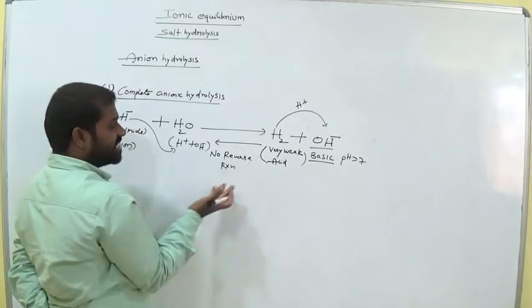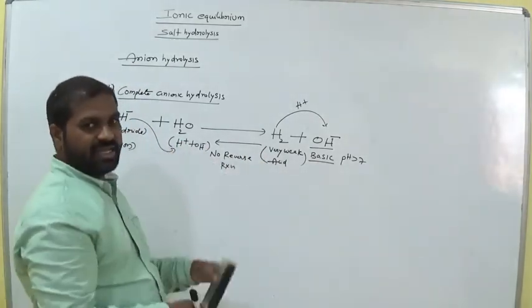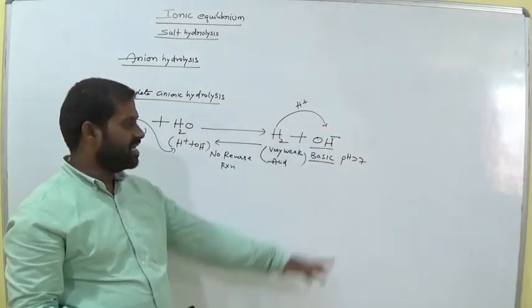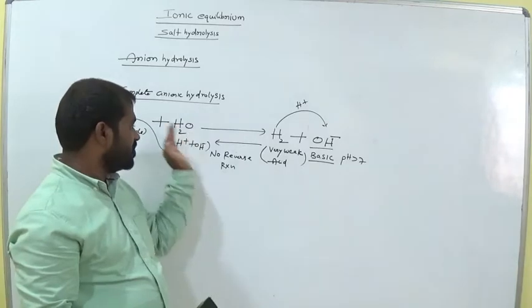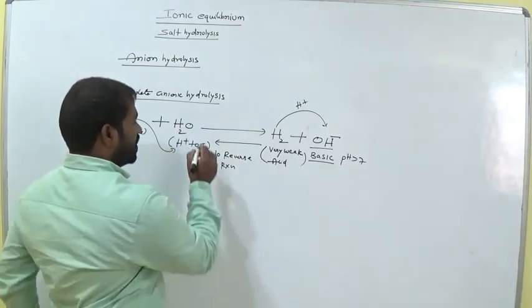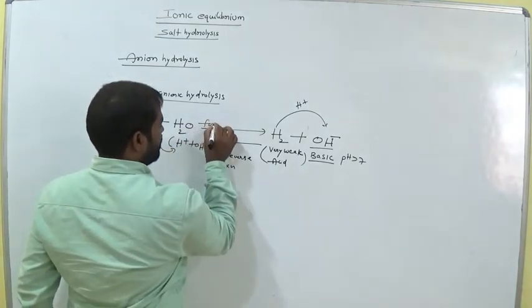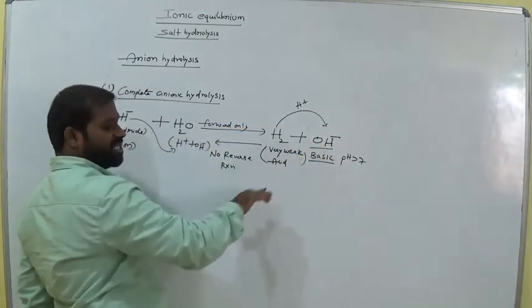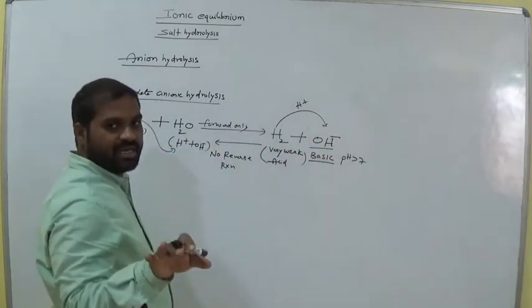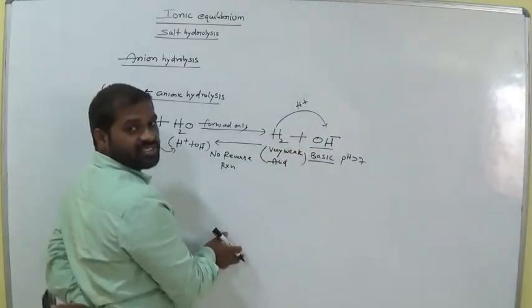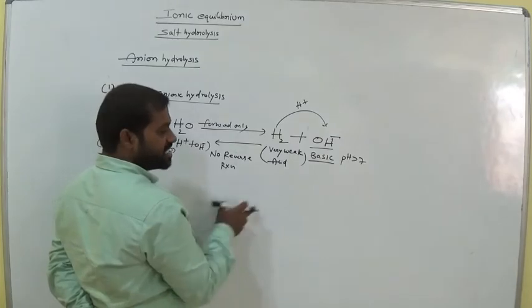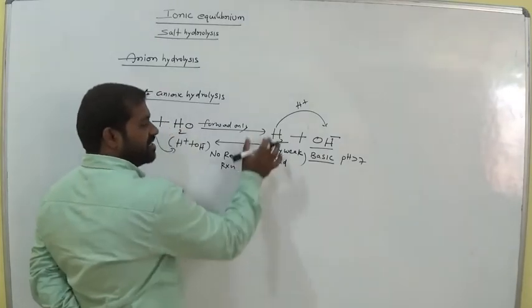No reverse reaction means there is no H2O again. That means it is completely ionized as H plus and OH minus only. Clear? Is it clear, all of you? Only forward reaction. Forward means H2O as OH minus and H plus only. Clear? That means it is hydrolysis only. If it were reverse, it would again give H2O. But there is no reverse reaction, due to the very weak acidic nature.